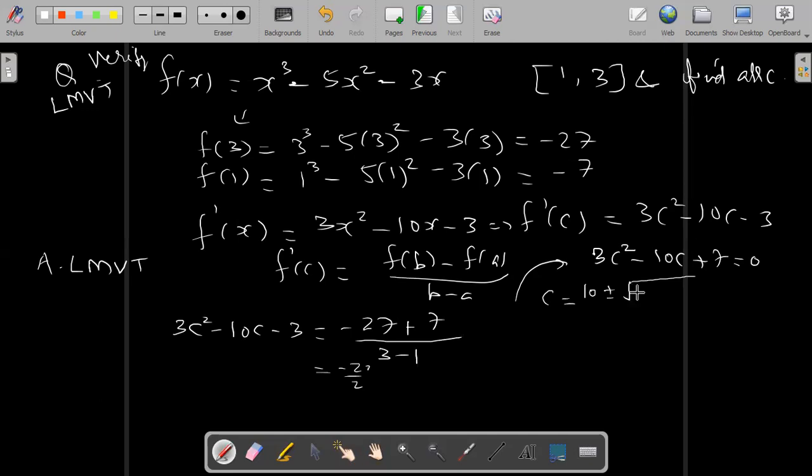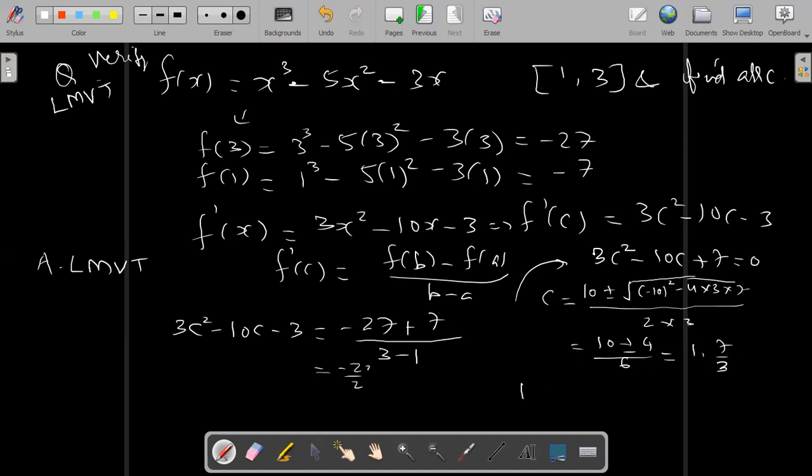So minus b is 10, plus minus root of 100 minus 84, that is 16, whose root is 4, upon 2 into 3, which is 6. Taking the positive sign, the values of c will be 1 and 7 by 3.